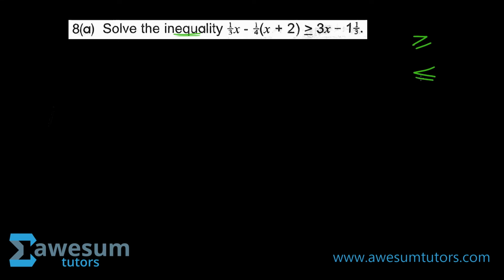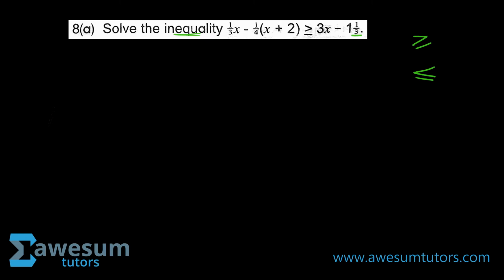Now, if you take a look at this question, the first thing you should do is to convert the number that is a mixed fraction to an improper fraction. So this is a mixed fraction right here. Let us rewrite the question out by also converting this to an improper fraction.